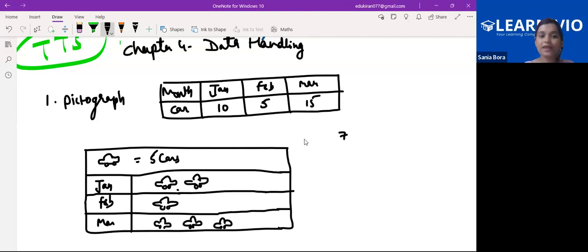But in case, for example, 1 car is representing 10, and over there it's 5 cars, you will draw only half a car. Clear? Not the full car, you will draw half. So I hope everybody got it how to draw the pictograph. Anyone has any doubt? No, ma'am. You want to draw this in your notebook?